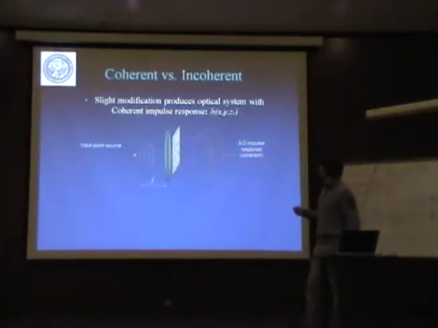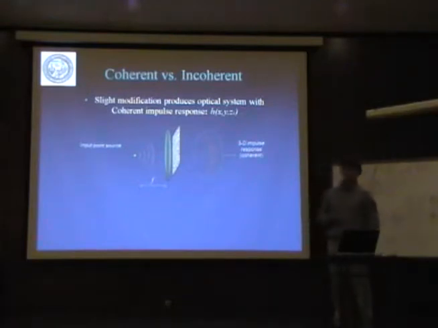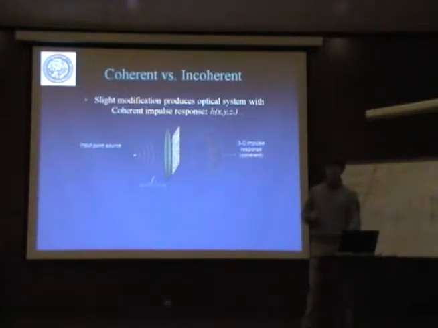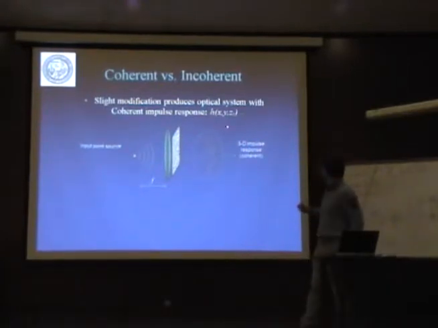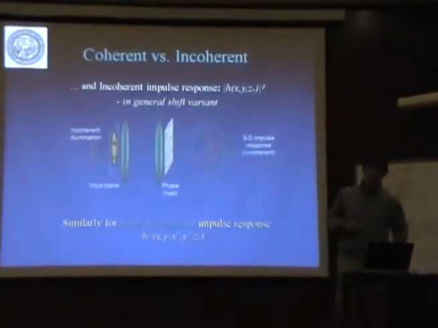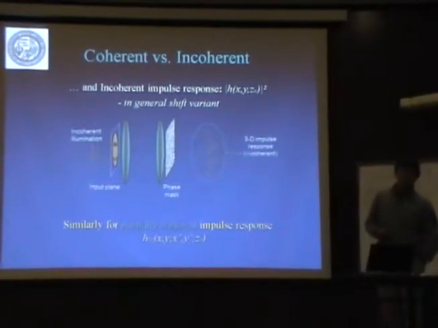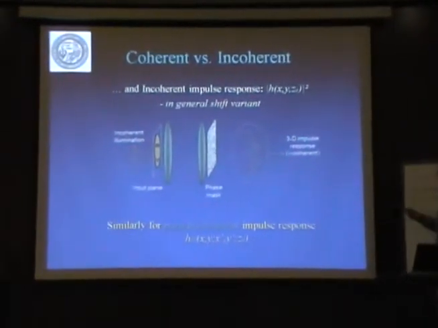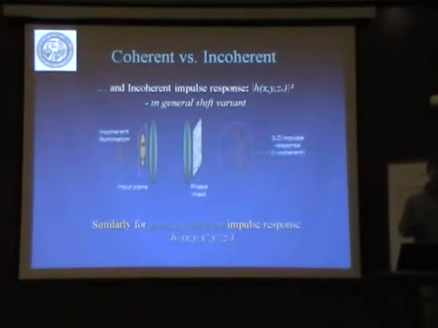Now, we just talked about impulse response and Pablo earlier. Pablo talked about a two-dimensional one. You can define a three-dimensional impulse response, and also shaping. But this would be the coherent one. If you come to the University of Colorado and take my class, or if you read a book by Goodman, you're going to learn that the impulse response of incoherent light is the modulus square of the impulse response of coherent light.